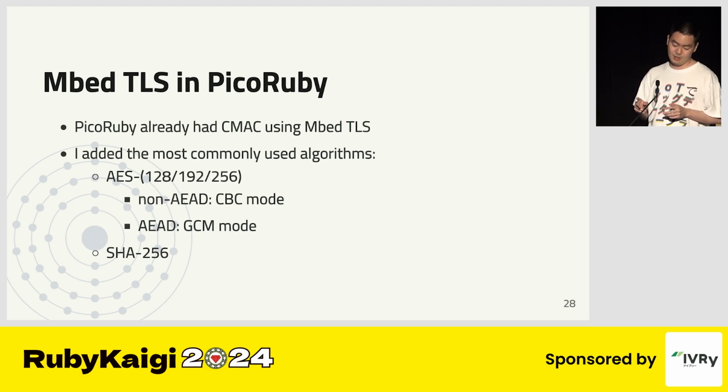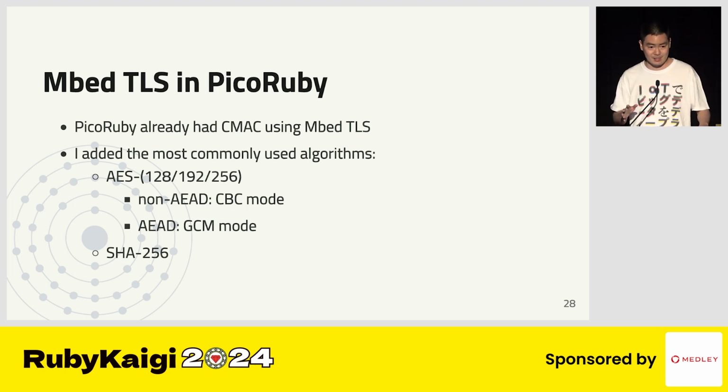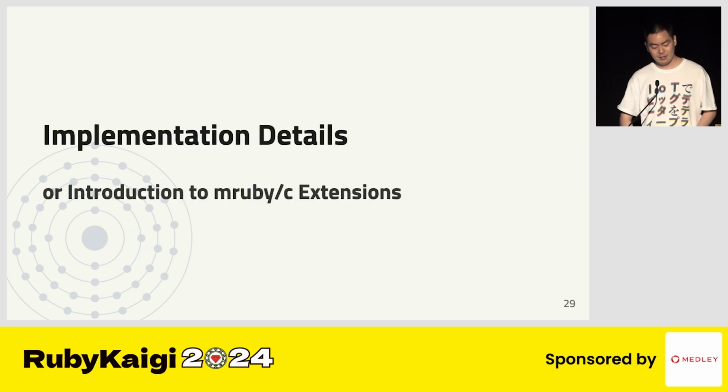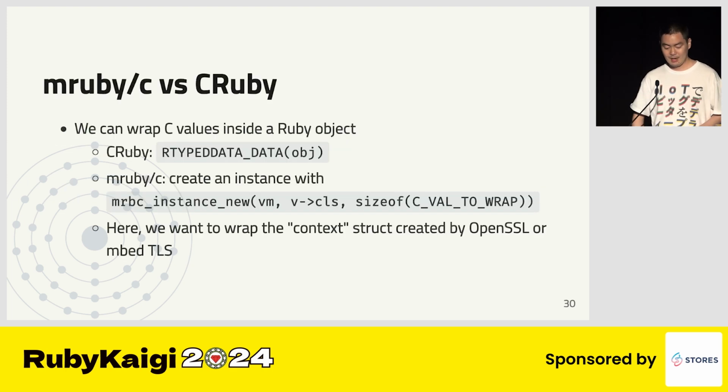I added two modes, one for the non-AEAD mode, which is CBC, and one mode for the AEAD, which is GCM. Then I added the most commonly used hash function, which is SHA-256, which is known to be secure today. I did not include SHA-1 or MD5 because they are known to be insecure, so you don't have to use them. So let's go into the implementation details, or I'll introduce you to how to make mruby/c extensions.